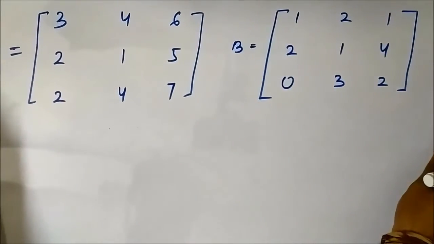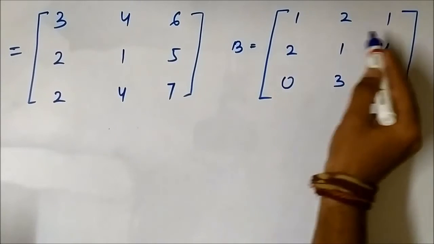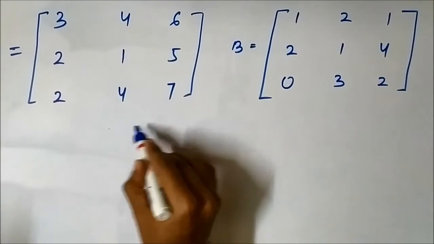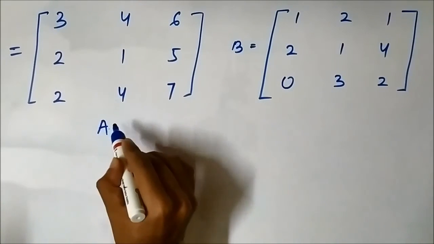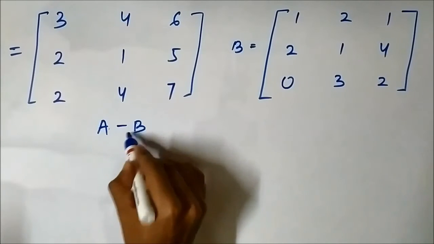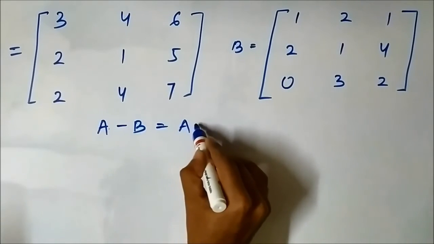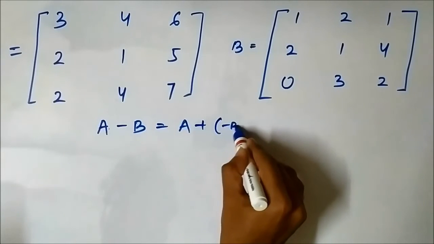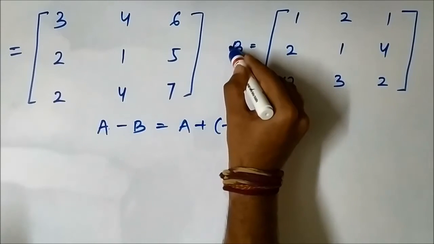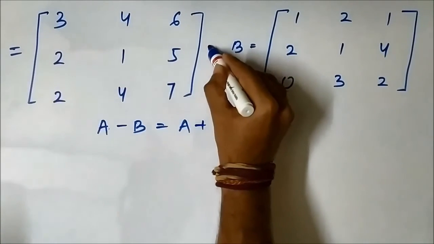We have to perform the operation A minus B, which is equal to A plus minus B. So first we have to multiply this B with minus 1.